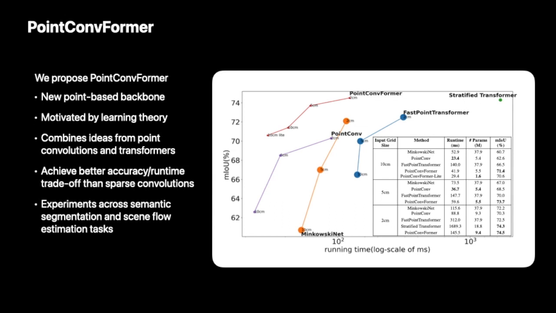It combines ideas from point convolutions and transformers to achieve a better accuracy and runtime trade-off than sparse convolutions across semantic segmentation and scene flow tasks. It achieves this with almost 10 times fewer parameters than sparse convolutions and is faster than older point-based approaches.